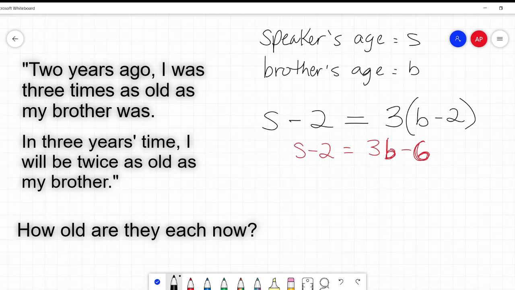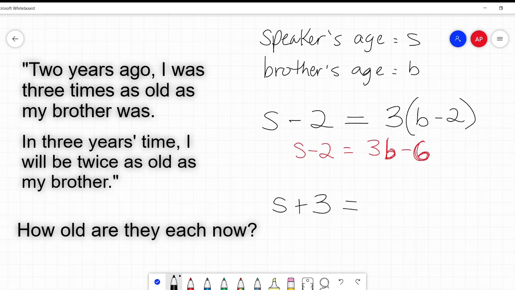Next one, it says, in 3 years' time, I will be twice as old as my brother. So in 3 years' time, the speaker will be 3 years older, S plus 3. I know that's not "is" or "was," but it's another form of the verb to be, so that's where our equal sign goes.